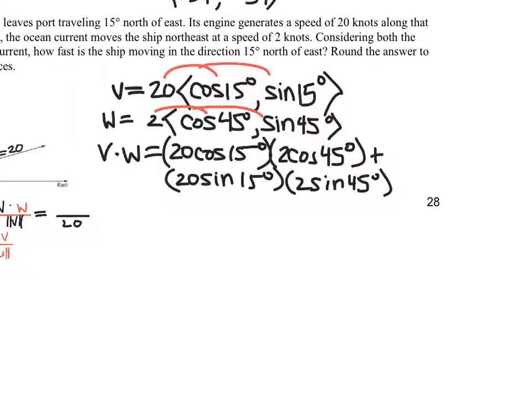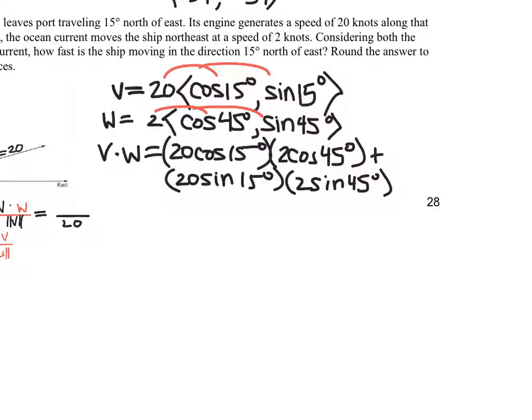So I'm just going to pop it in. 20 cosine 15, 2 cosine 45. One too many parens there. I'm going paren overboard here.